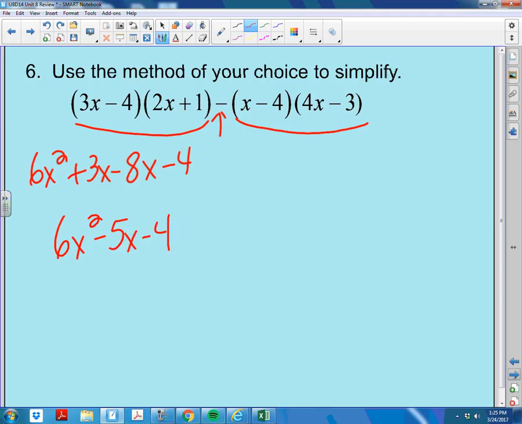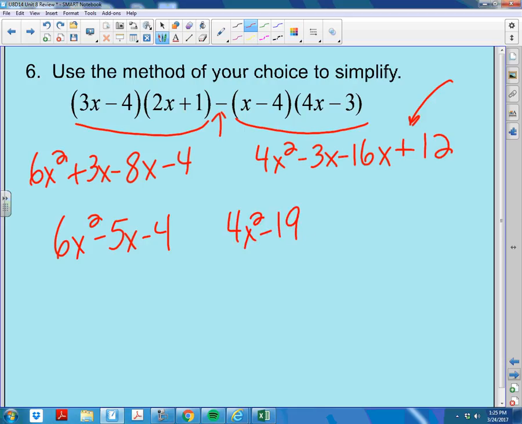On this side, we end up with 4x squared minus 3x minus 16x plus 12. Please remember that plus on a negative times a negative at the end. Some of you made that mistake over and over on that test. So it simplifies to 4x squared minus 19x plus 12, and it's subtraction.